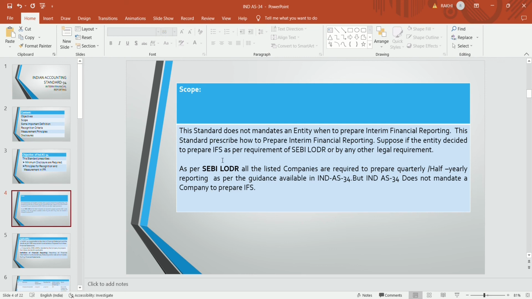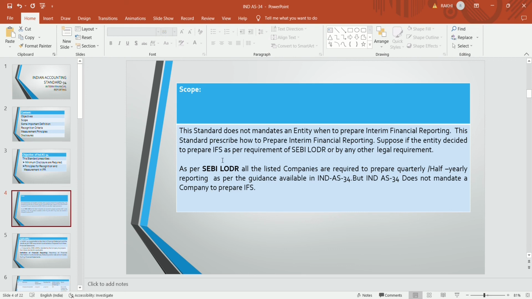This standard describes the process of preparing IFR, but there is no regulatory requirement in it. If there is a regulatory requirement by any other statutes or legal requirements, then the standard helps to prepare it.